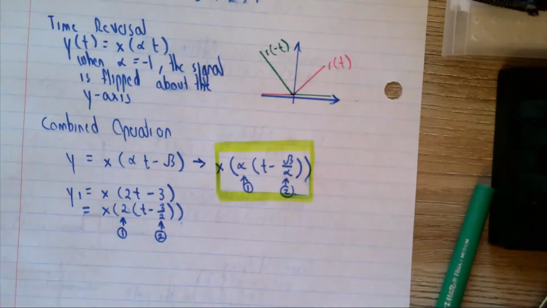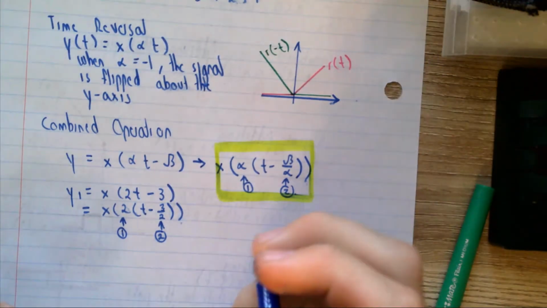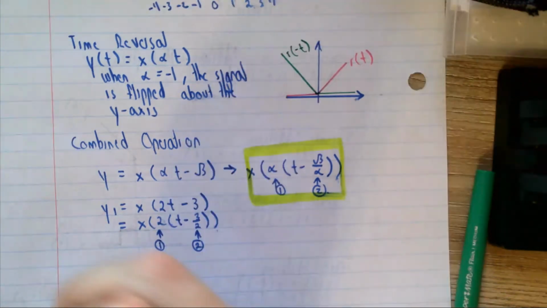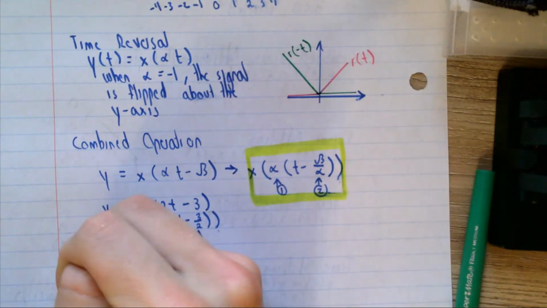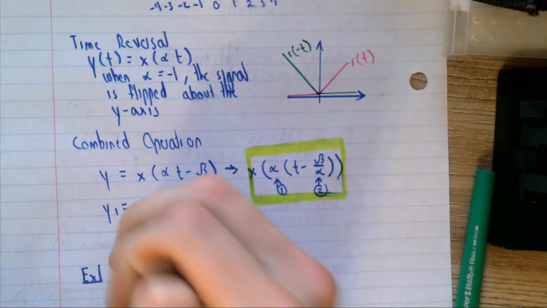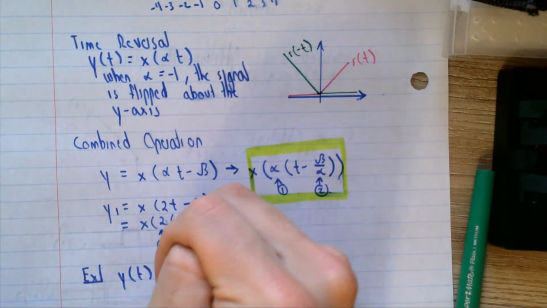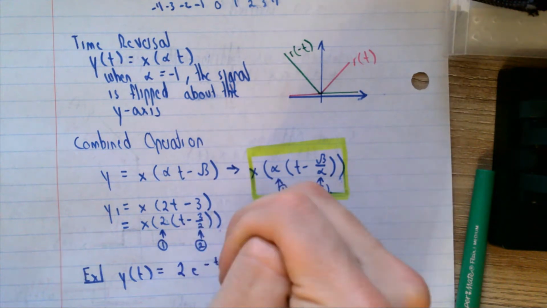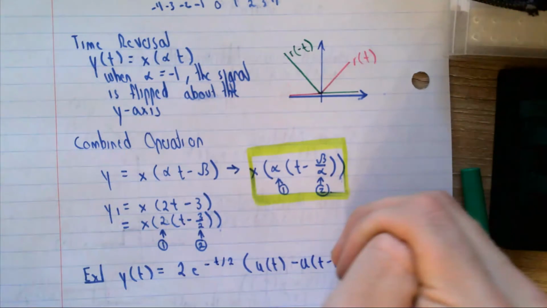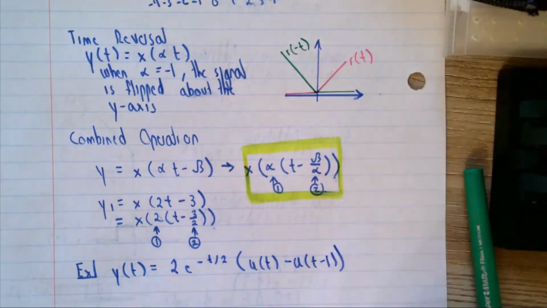So here we're going to have, for example, y of t is equal to 2e to negative t over 2, and then u of t minus u of t minus 1. Here, what it's going to look like is this.